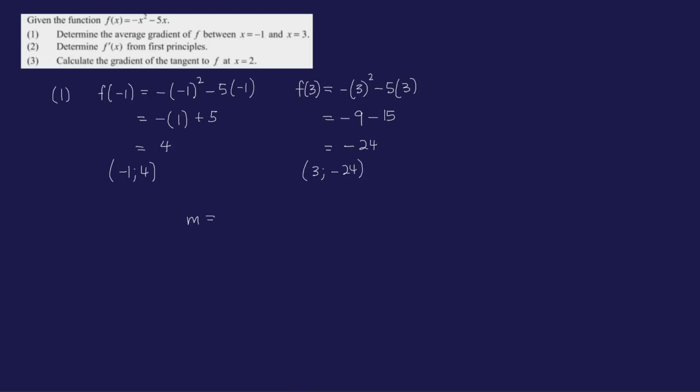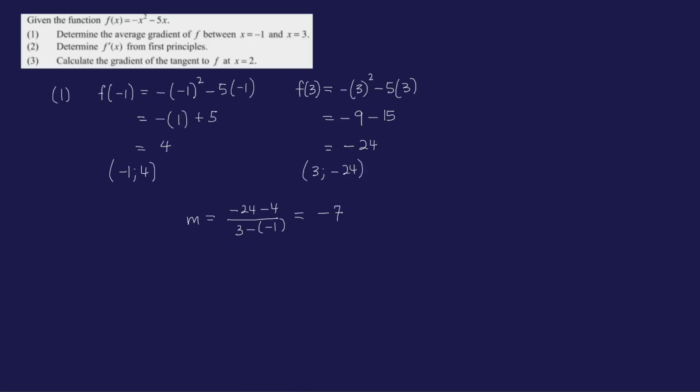So we can use here minus 24 minus 4 divided by 3 minus 1. And so if you put this in our calculators, so minus 24 minus 4, then 3 minus 1, get an answer of negative 7. That's the average gradient.